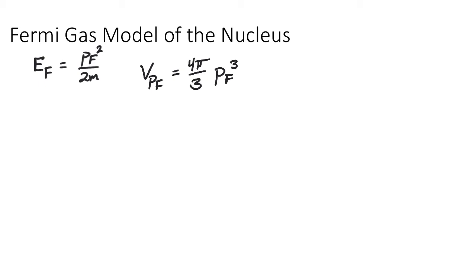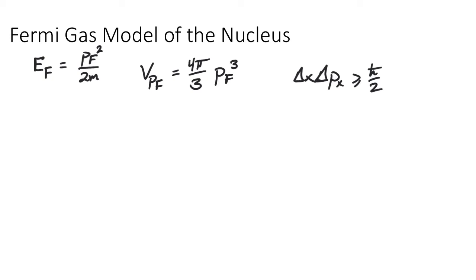Now, to do the counting of states, we make use of the Heisenberg uncertainty principle. So the Heisenberg uncertainty principle says we can only measure the position and the momentum in the same direction of a particle to no better than h bar over 2, which means that if we go into a phase space of all the positions and all the momentums, each state can only occupy a given volume of that state space.